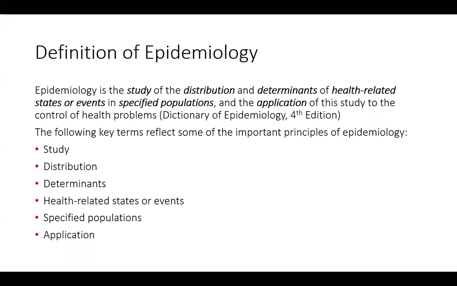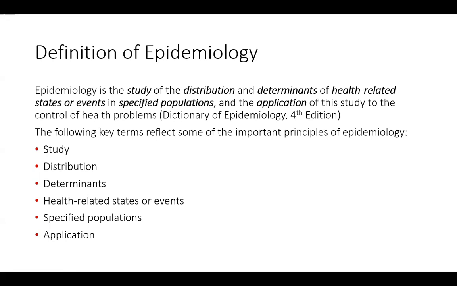So epidemiology is often described as the basic science of public health, and there are two good reasons for that. The first reason is that epidemiology is a quantitative discipline. That is, you need to collect data, numerical data as well as categorical data. You need to analyze that data and you need to interpret that data.